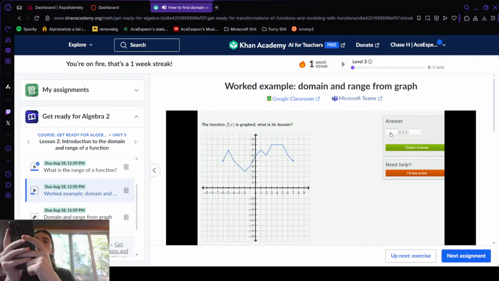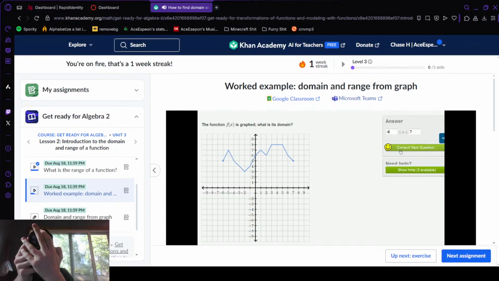So the domain of this function definition, well, f of x is defined for any x that is greater than or equal to -6, or we could say -6 is less than or equal to x, which is less than or equal to 7. If x satisfies this condition right over here, the function is defined. So that's its domain. So let's check our answer.